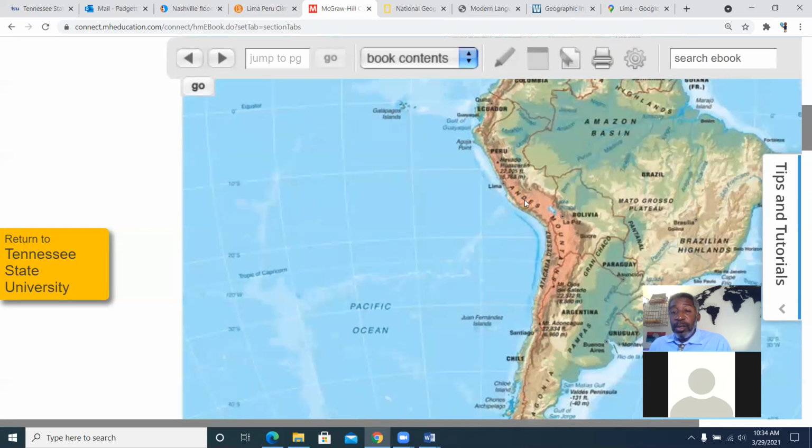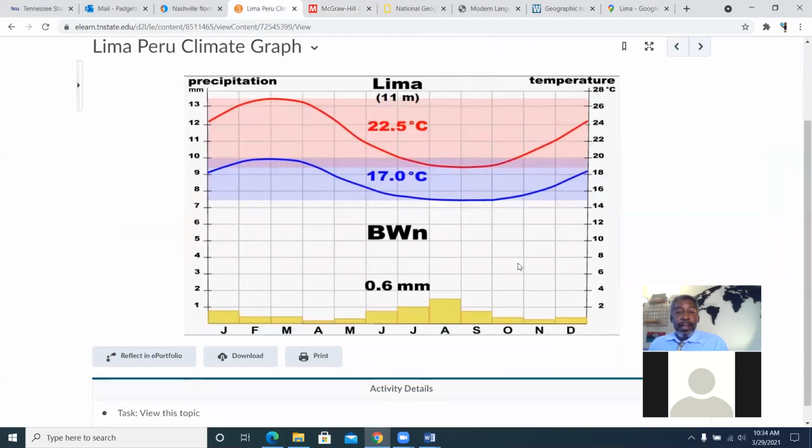In this climate graph, you're actually given the amount of precipitation that falls in this region throughout the year. 0.6 of a millimeter. That's it. That's all that falls here on average throughout the year.